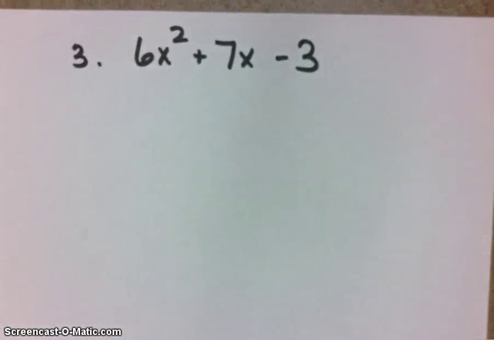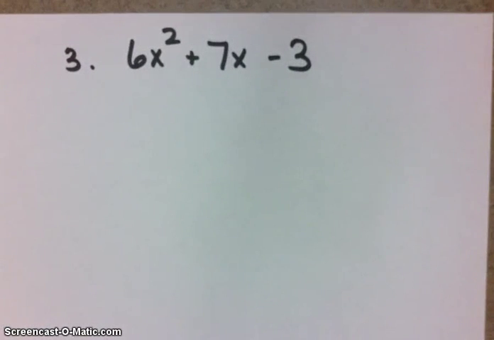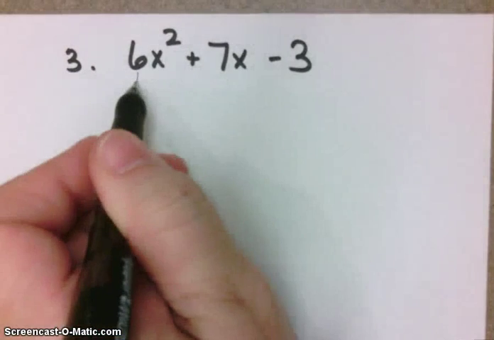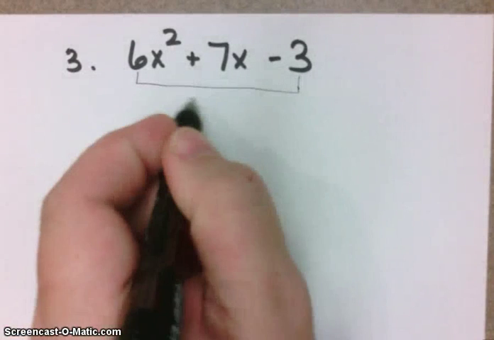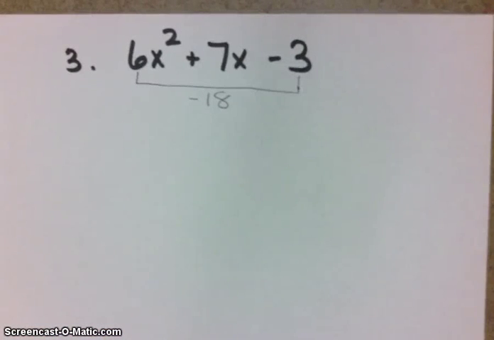Question number 3 is not quite so easy. We would love to be able to take a common factor out of there, but there isn't one. So we're going to use one of the strategies that we learned, and we're going to multiply a and c. And we're going to get negative 18. And now, using negative 18, we're going to ask ourselves the question.